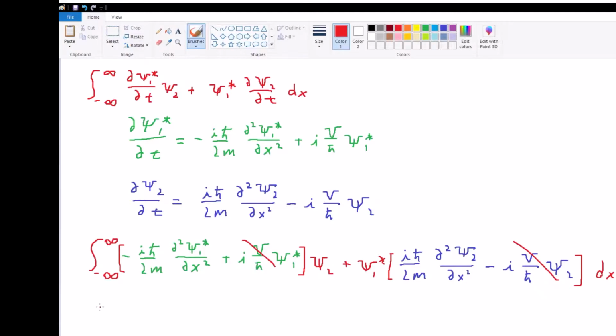This becomes the integral from, and in fact, since there's only two terms left, we can move our i h bar over 2m to the front.